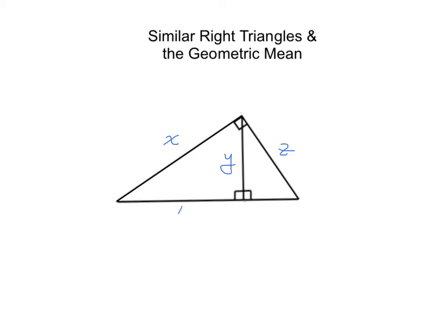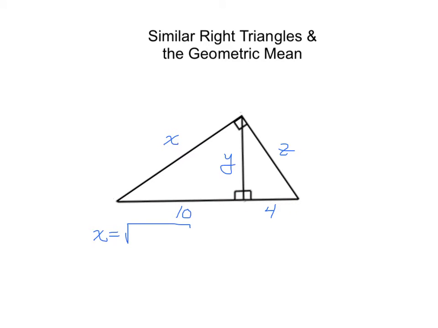I'm going to make this part of the hypotenuse equal to 10 and that part of the hypotenuse equal to 4. And what happens in this situation is that x, y, and z are all geometric means. x turns out to be the geometric mean of this piece of the hypotenuse and the entire hypotenuse.